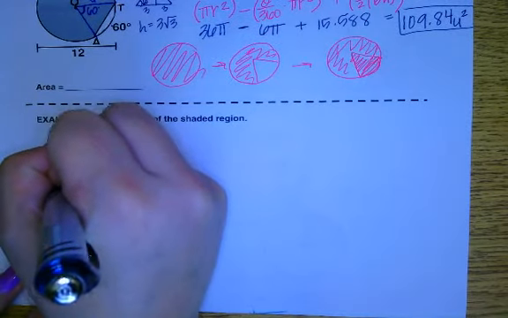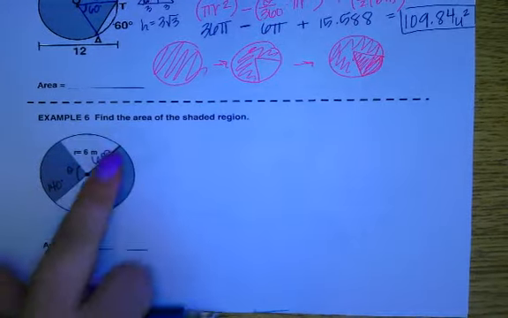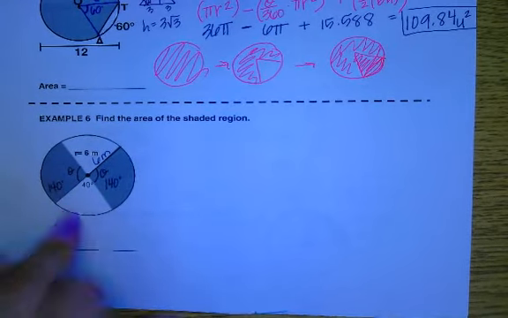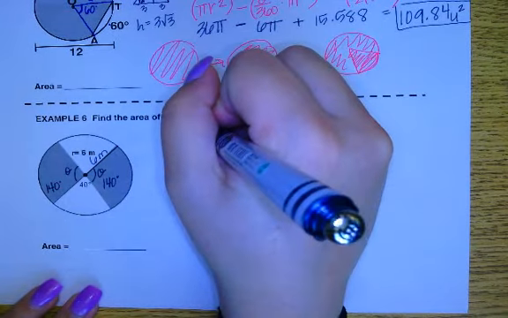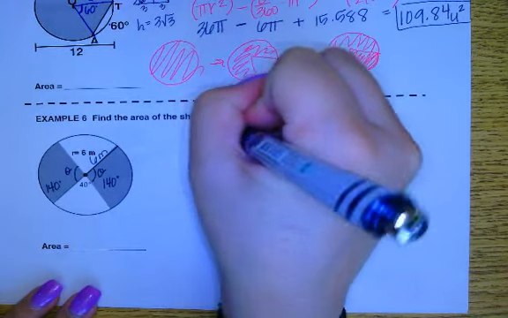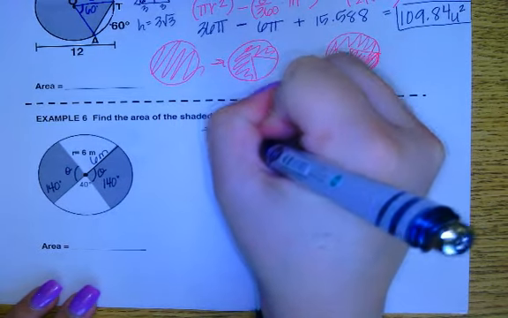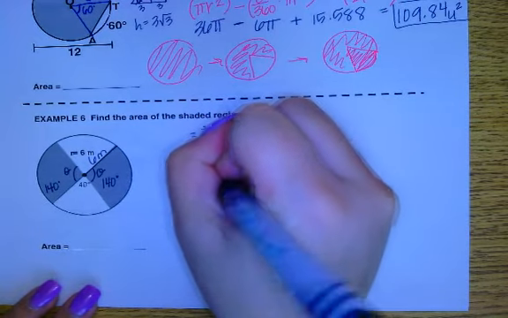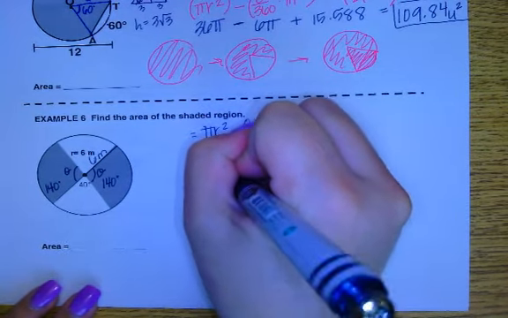Okay, so how do you find the area of the sector? Pi r squared times theta over 360. So in this case, you have a radius of 6 times 140 over 360. You could have also done 280 over 360.